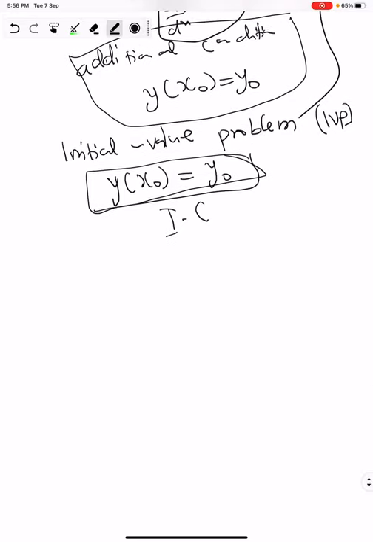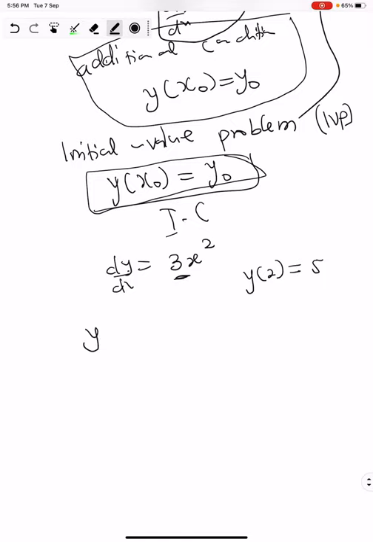Let's look at an example that we saw earlier. dy dx is equal to 3x squared. Let's look for the solution to this with the initial condition y of 2 is equal to 5. First, we find the antiderivative of this function.